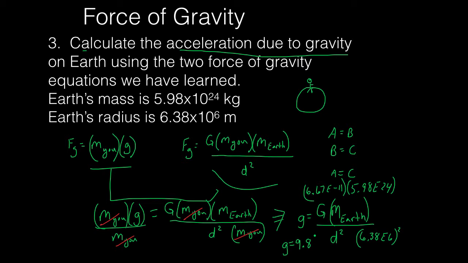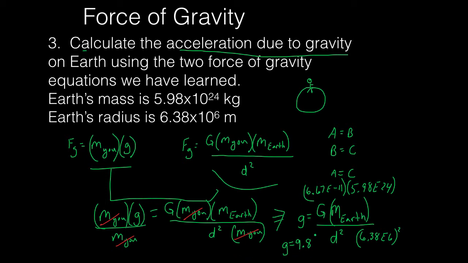And so 6.67 e to the minus 11th times 5.98 e to the 24th equals, and then divide it by the distance between them squared, so the Earth's radius squared, 6.38 e to the 6th squared. And my calculator is giving me 9.799.